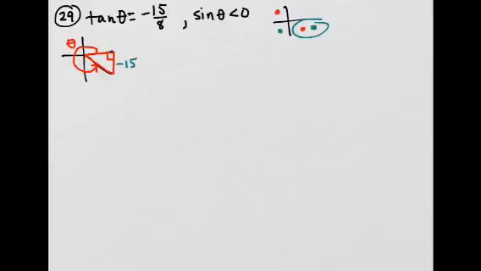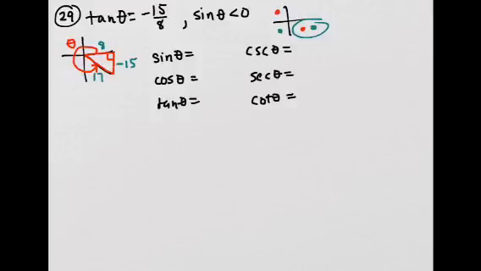And the x is positive, because it's again in quadrant 4. So now we have to find the r value. If you look at an earlier problem, we had the same numbers, and it turns out that r is 17.